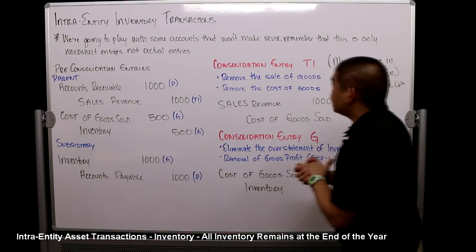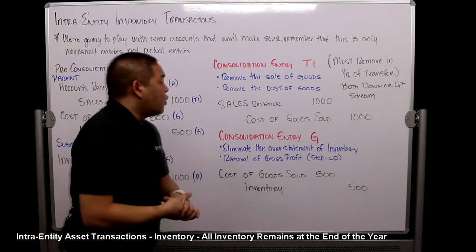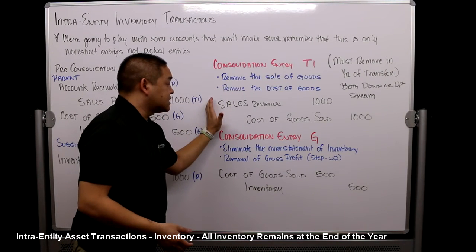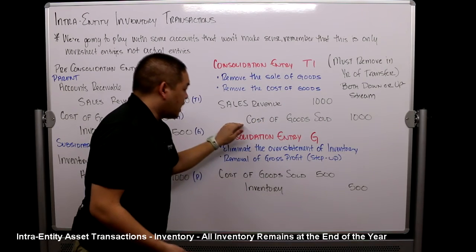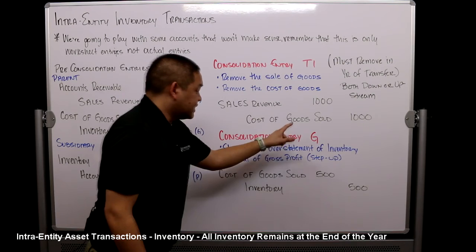So hopefully that makes sense, but at the end of the day, we did two things. First of all, we removed the sale and the cost of goods sold by doing a consolidation entry TI, by debiting sales revenue for 1,000 and crediting cost of goods sold for 1,000. So again, instead of 500, it's 1,000.